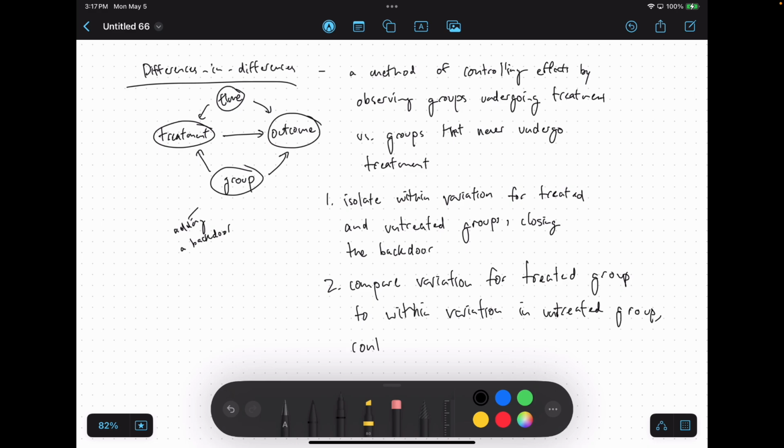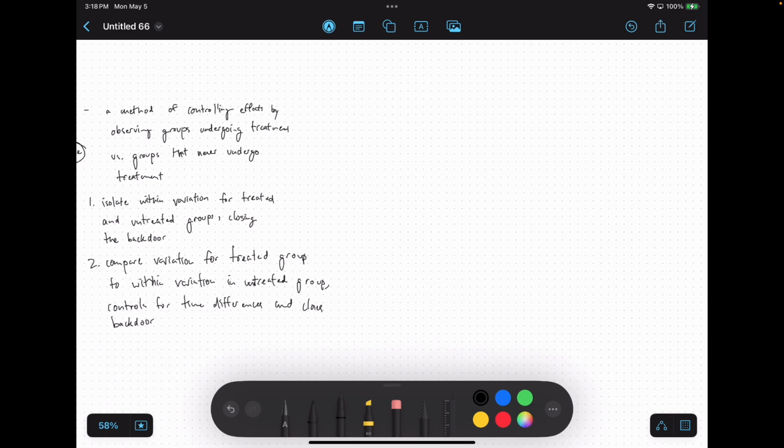And this controls for time differences and closes the back door. Okay. So let's look at a practical example of this.